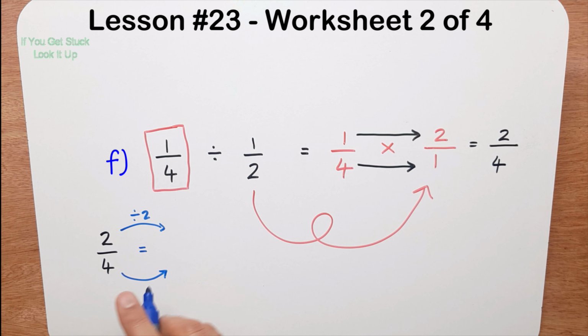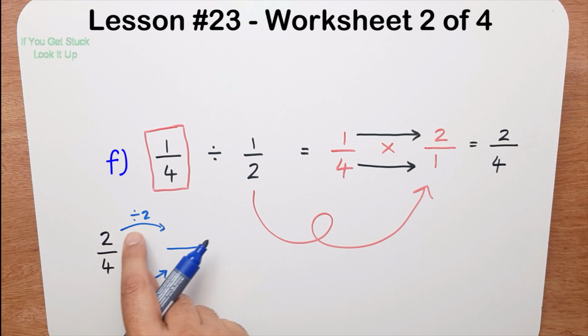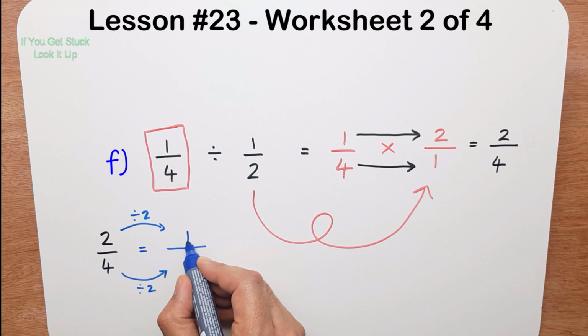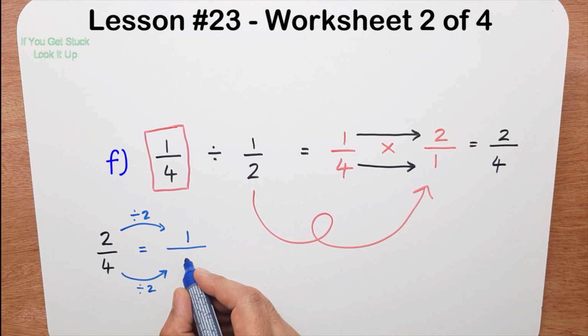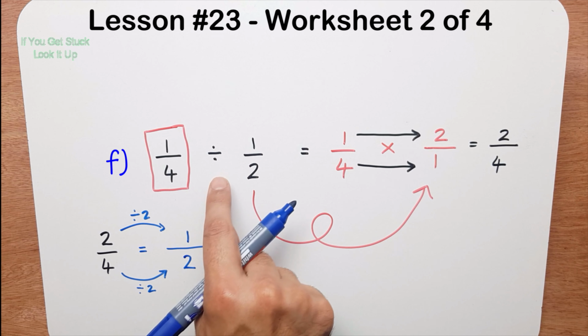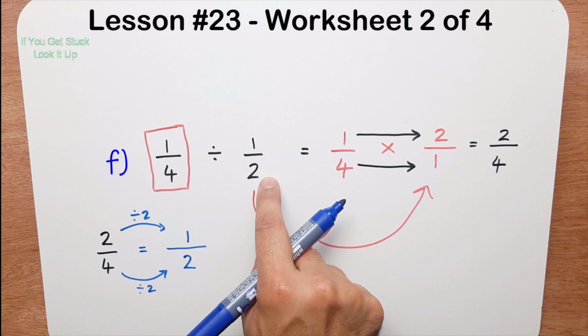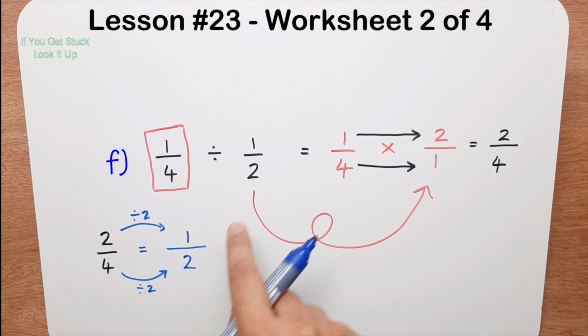So I'm going to divide the 4 by 2. 2 divided by 2 is 1. 4 divided by 2 is 2. So 1/4 divided by 1/2 is 1/2.